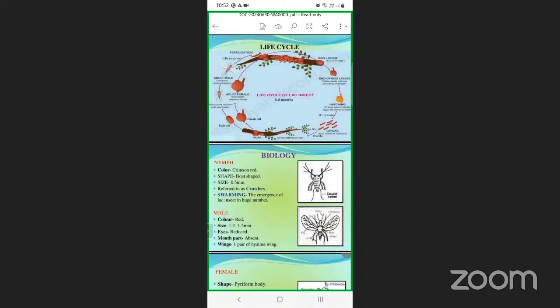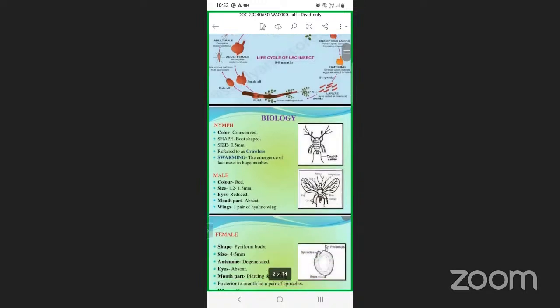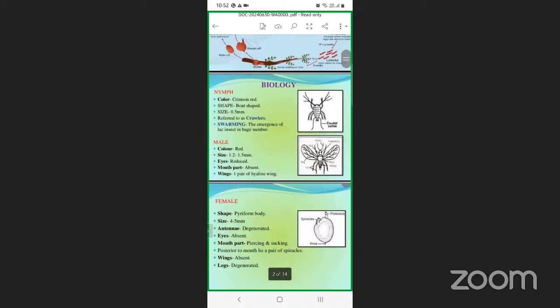The emergence of lac insects is in huge numbers, crawling on the shoots. The male, which is able to fly away with wings, is red in color and about 1.2 to 1.5 millimeters in size.